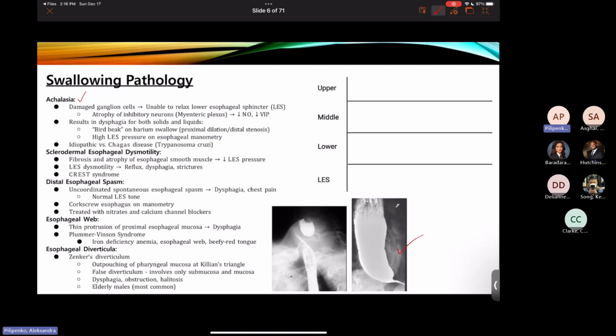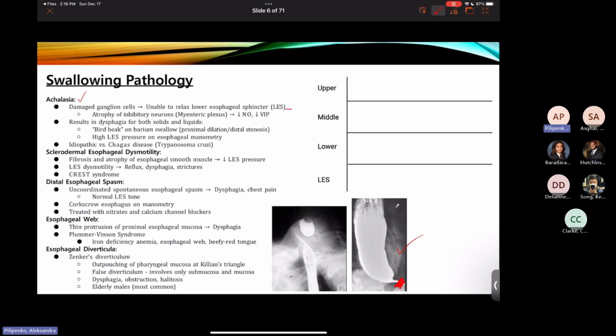What happens is you give a patient a barium swallow and it just gets stuck over here, because there is a stenosis. That can happen due to damage in your neural cells, in ganglion cells. That's why the lower sphincter of the esophagus is not able to relax, and that's why you have this constant constriction.